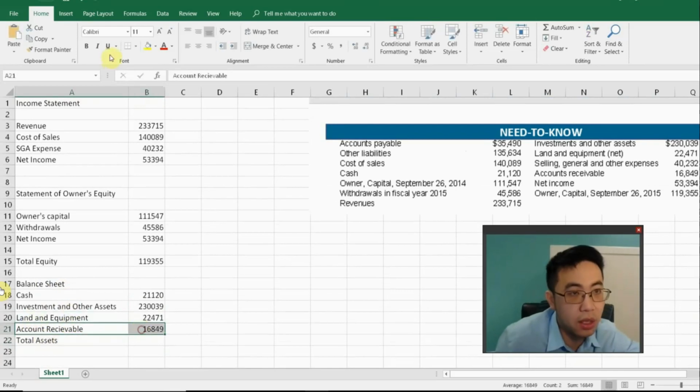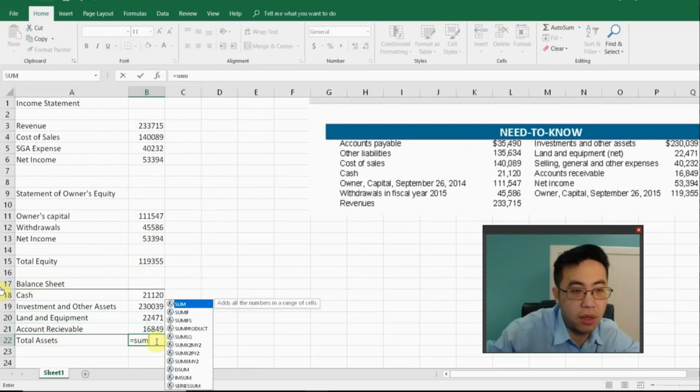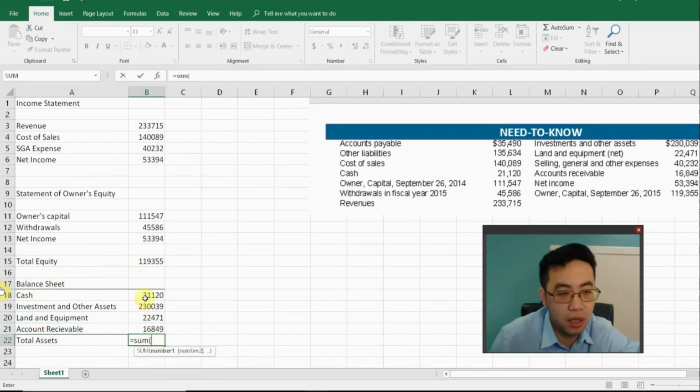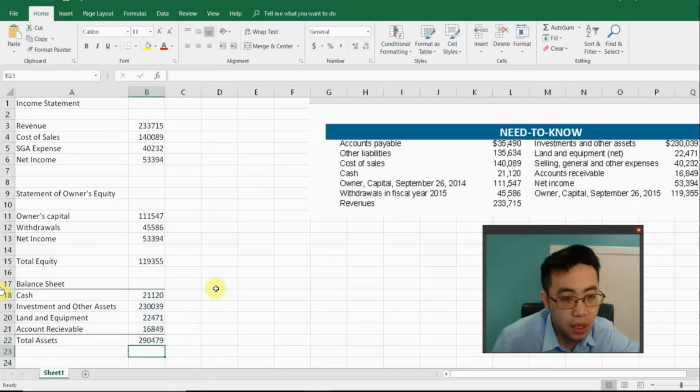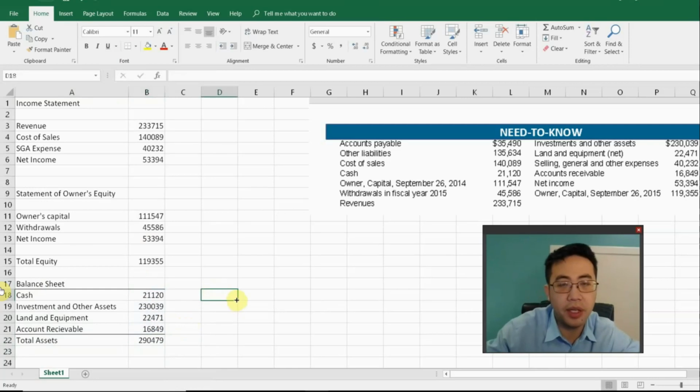Let me put a borderline there. This is the sum. SUM stands for summation, parentheses, then I just select all of them. That's my total assets. If I look at the other side, let's see what about my liabilities.